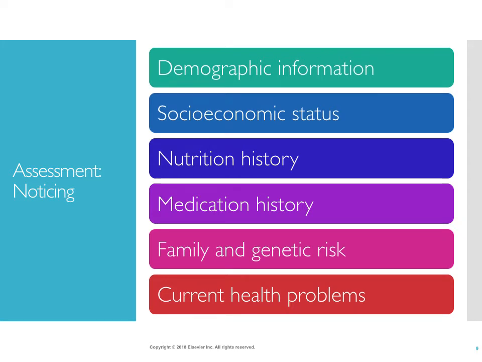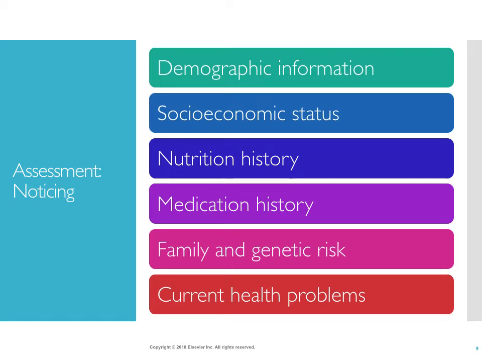We also want to look at the nutrition history. If people have had a period of time in their history where there was a lack of adequate nutrition, it can affect their kidney function much later in their life. Or we may want to look and see if there's been a change that's happened in it, because that can affect their kidney function as well.